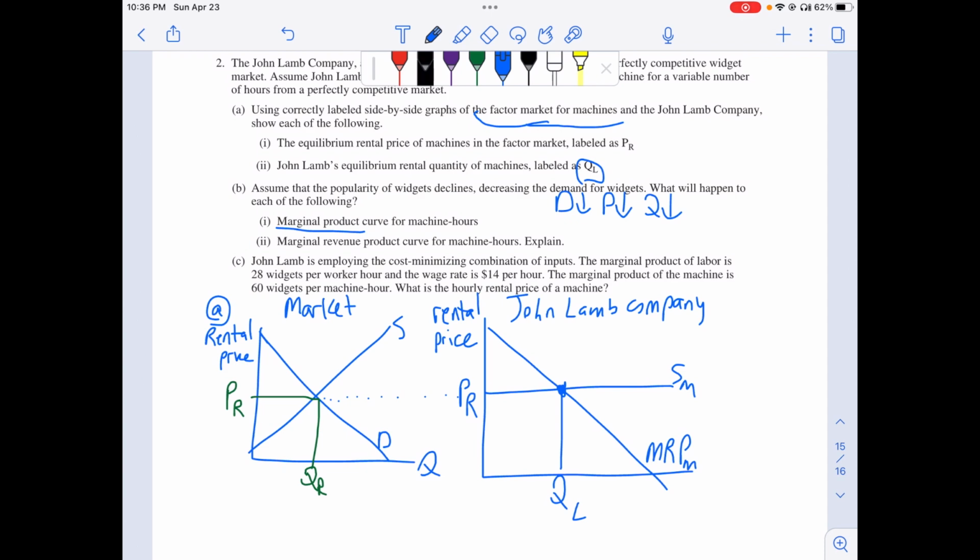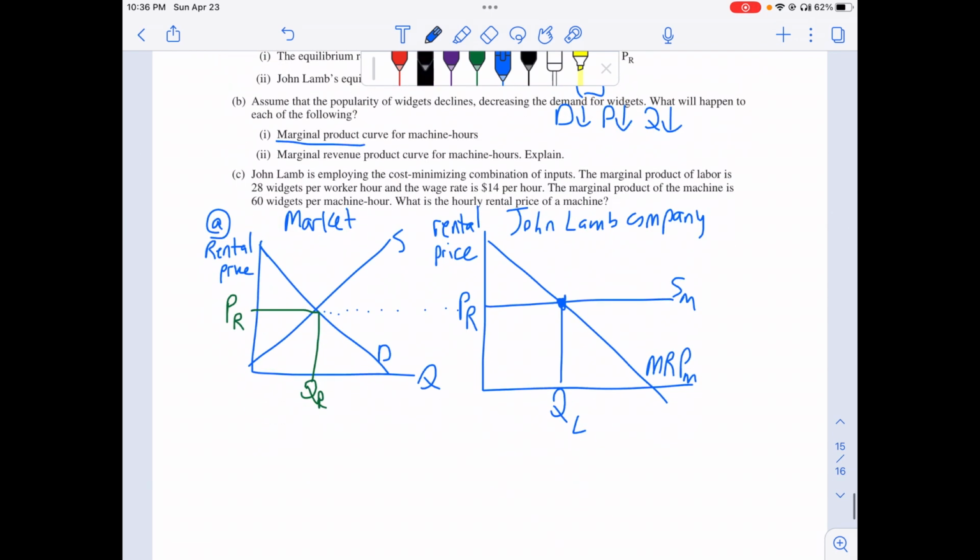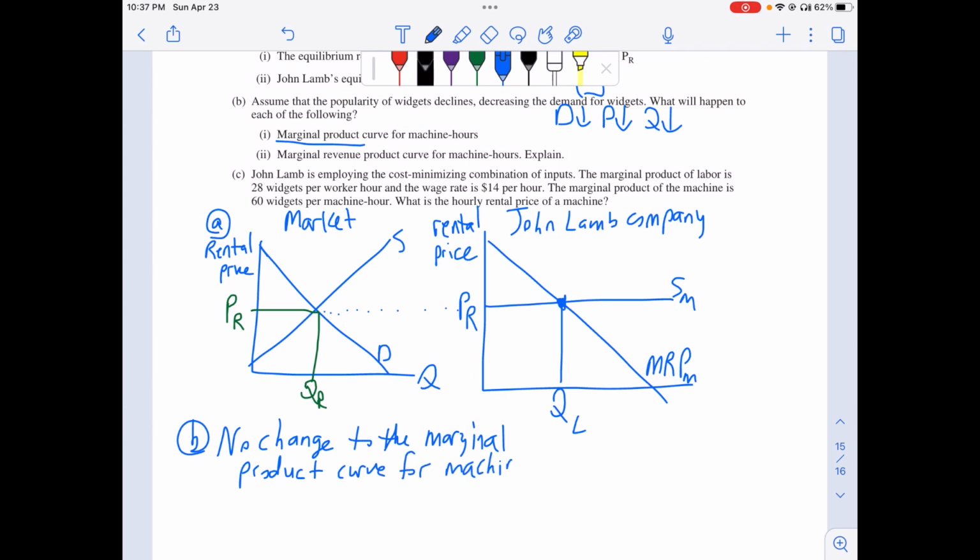No. So on part B, the marginal product will have no change to the marginal product curve for machine hours. Okay.